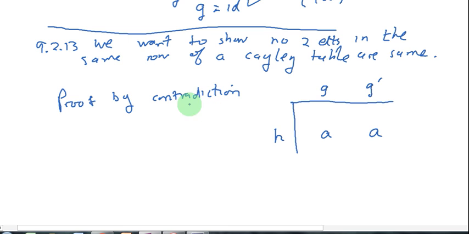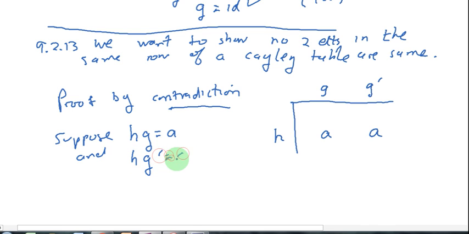And we're going to show this is not true by contradiction. So we're going to say, suppose that HG equals A and HG prime is equal to A, and G is unequal to G prime.